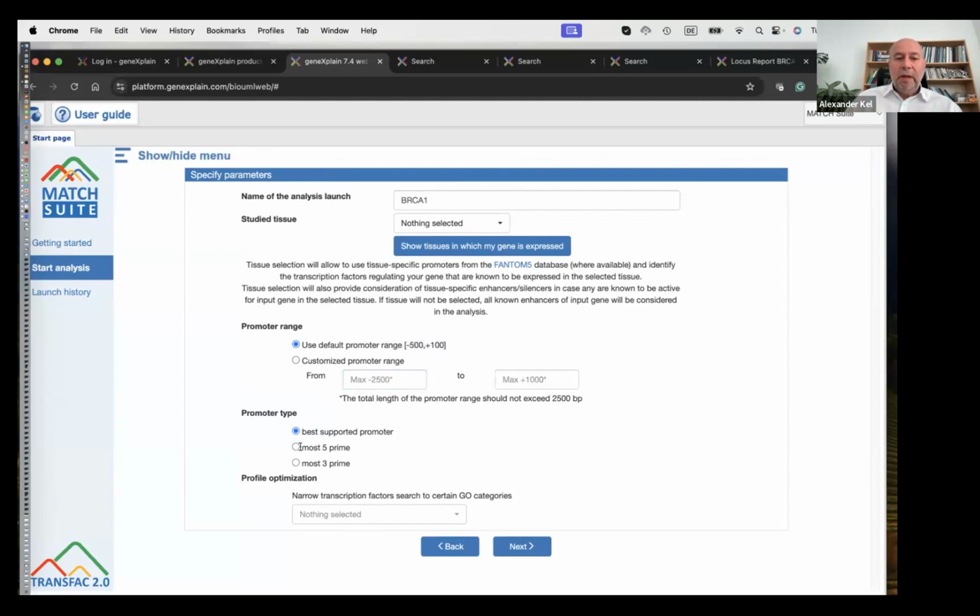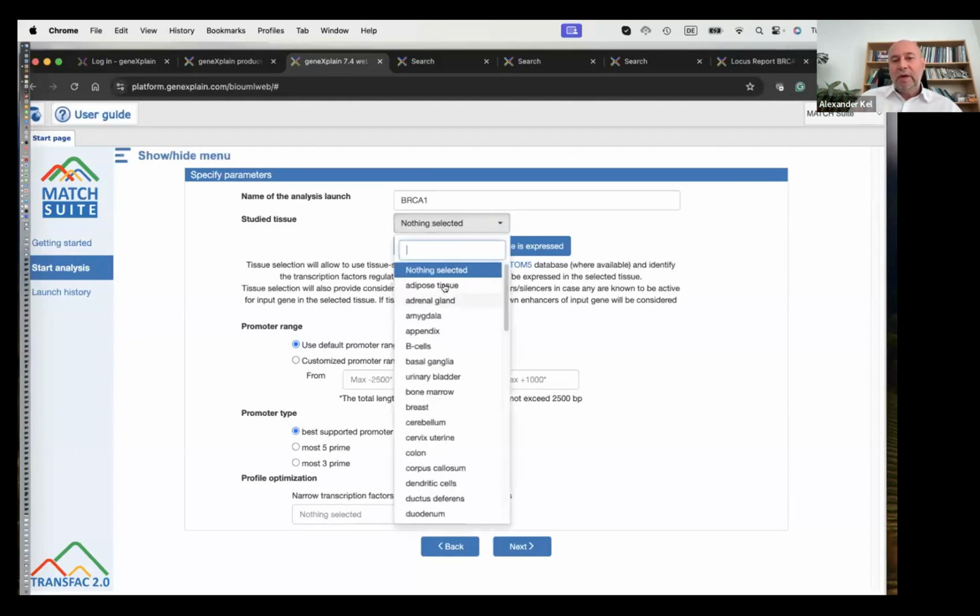And also you can select which promoters you are interested in. One gene can have several promoters, as you know. And some promoters are very special for a tissue, and that also is considered when you select a tissue, for instance, let's select testes, right?